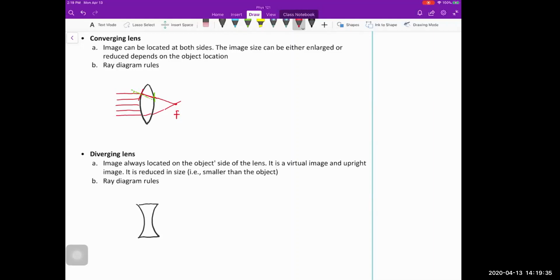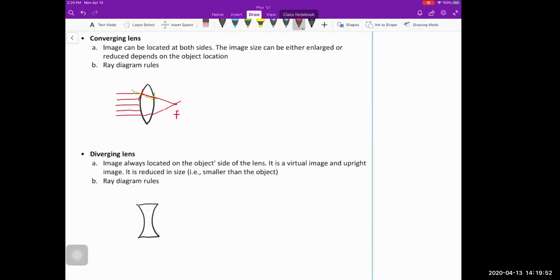Now the lens is different from the mirror. With a lens, you can have light coming from all directions. You can have light coming from the left-hand side, and you can also have light coming from the right-hand side. So when we write the focal point, you actually have two focal points, depending on which side you're looking at.